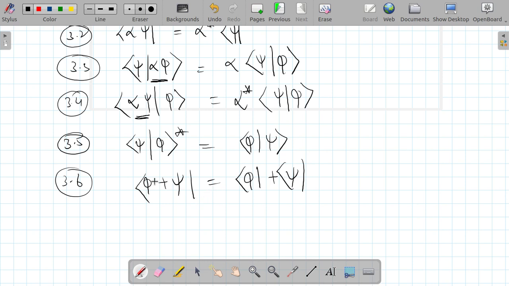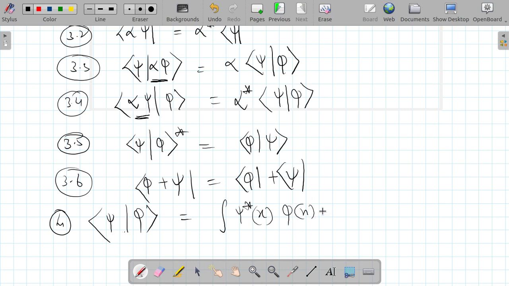Then the next property is psi phi. It's a bra vector, it's a ket vector, so it can also be expressed in the form of an integral, psi star x and phi x dx. So this is the integral representation of a bra-ket vector.